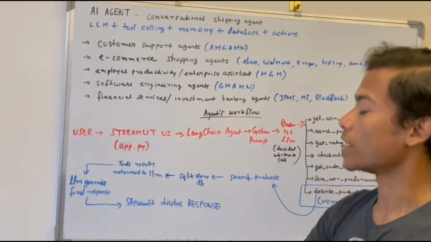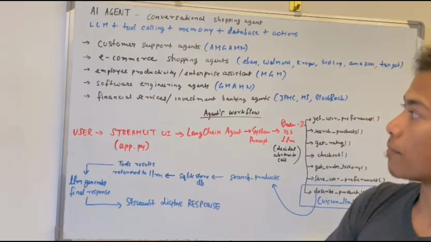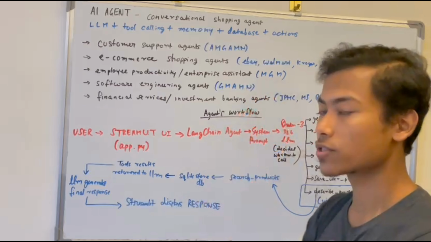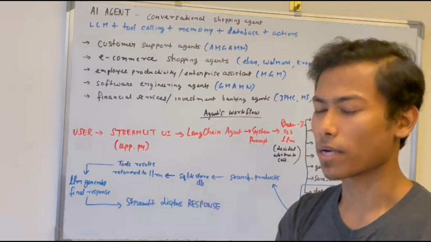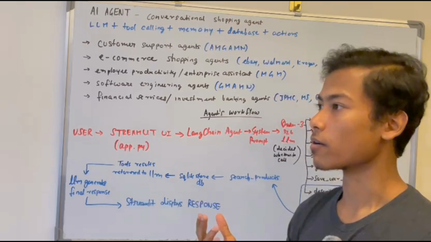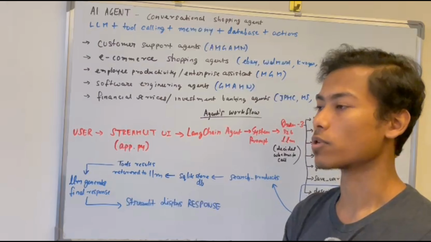There can be software engineering agents that can be deployed in Google, Meta, Amazon, Netflix, Anthropic, etc., because they are responsible for deploying multiple changes to their algorithms.